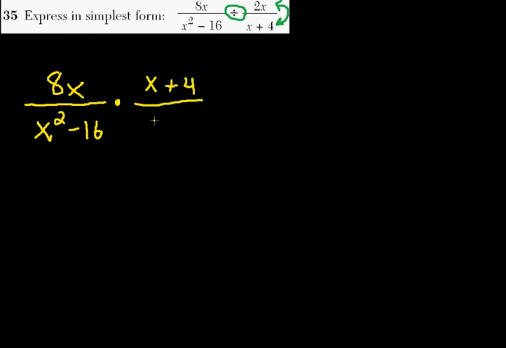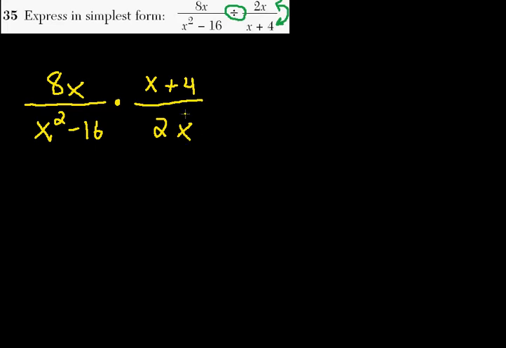So we keep 8x divided by x squared minus 16, and we multiply this by x plus 4 over 2x.